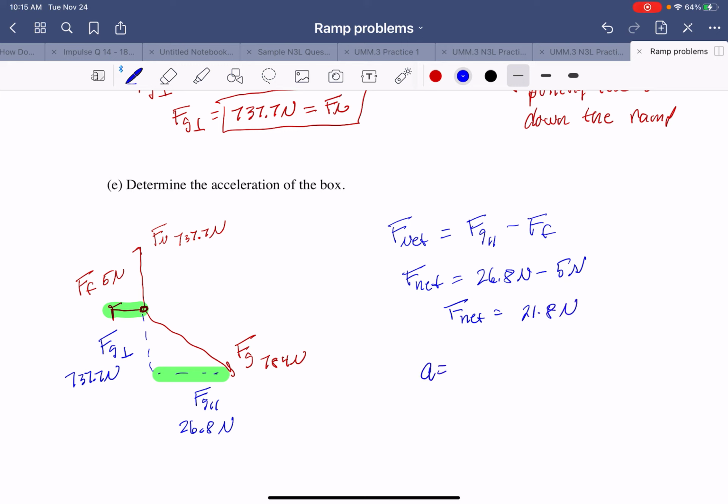We know acceleration is net force divided by mass. So 21.8 newtons divided by 80 kilograms. My acceleration is 0.27 meters per second squared.